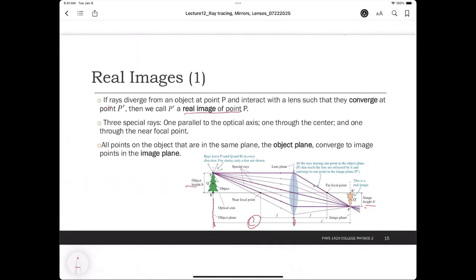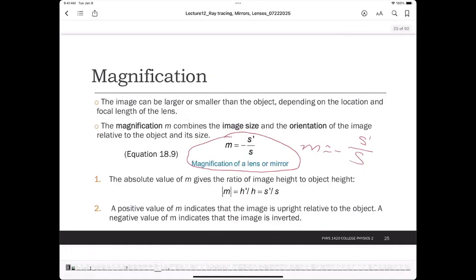And s' is the distance between the lens and the image. That makes sense to you? This is s'. So the magnification is equal to negative s' divided by s.